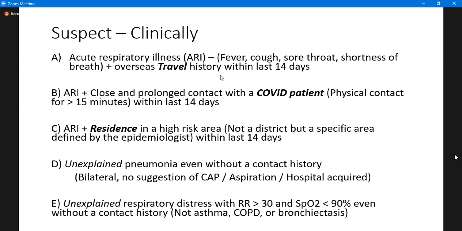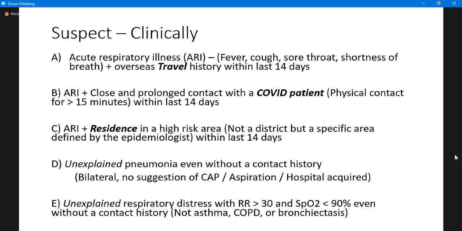Fifth thing is somebody with unexplained respiratory distress. Now, somebody who does not have pneumonia, but somebody who has a respiratory rate of 30, who is tachypneic and whose oxygen saturation, SpO2, is less than 90. Now, this is a patient with respiratory distress. Again, remember, not all patients with respiratory distress. You must have seen hundreds of patients with asthma who have a respiratory rate of more than 30 and whose SpO2 is less than 90.